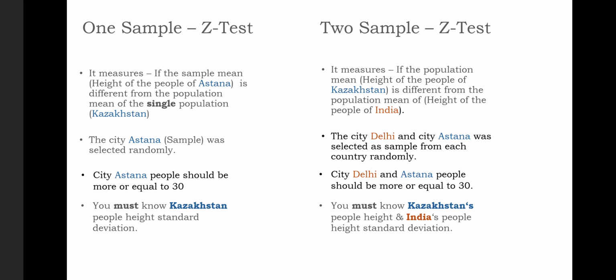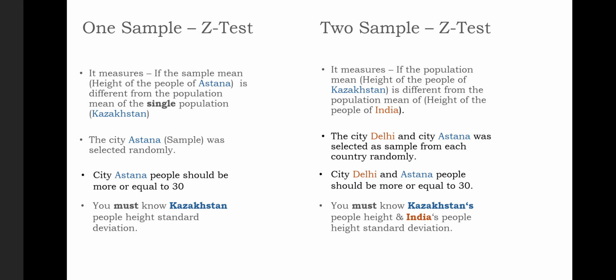So, what did we observe? We observed very clearly that we must need more than 30 samples. We must need population standard deviations. In the one sample Z test, we only need one population standard deviation. And on the right side, in two sample Z tests, we need two population standard deviations.